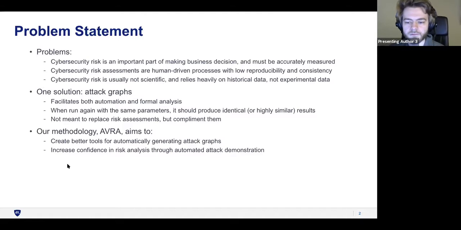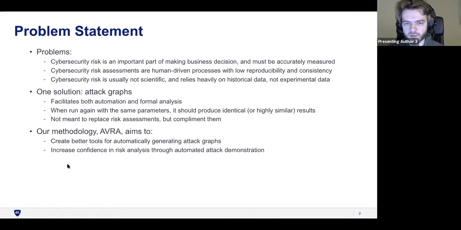So the goal of this paper, AVRA, it has a couple of high-level goals. AVRA stands again for Automated Vulnerability and Risk Assessment Methodology. And our goal with this project was two things. Firstly, to create better tools for automatically generating these attack graphs and have it be really convenient and easy to generate very semantically rich and interesting attack graphs with large networks.